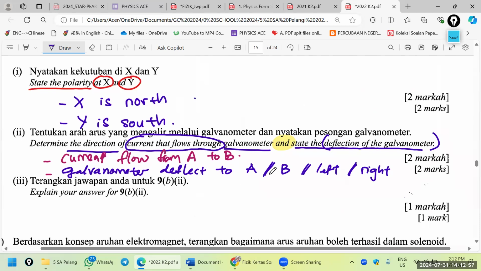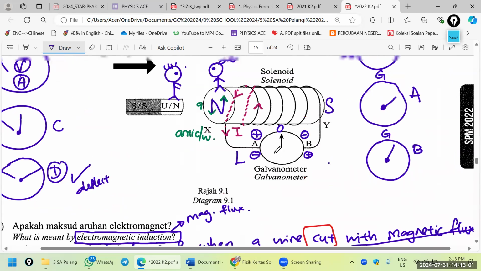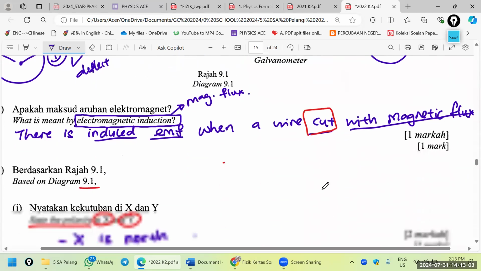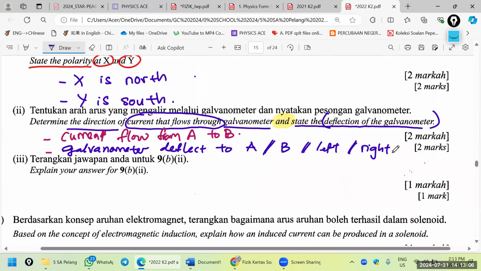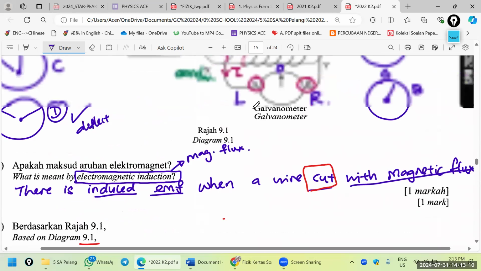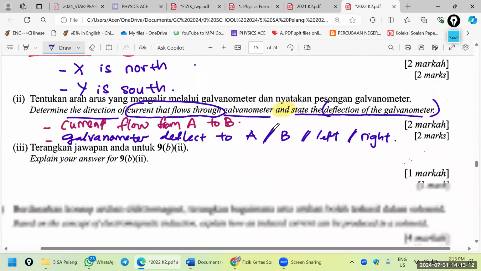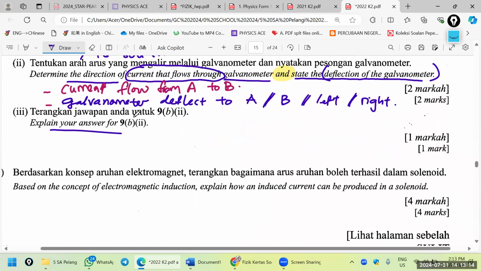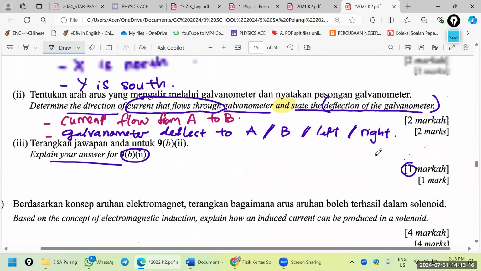Down, up, down cannot. Up, down cannot. Only got left, right. But the current is from A to B, all right? Then next, explain your answer in 9B, 1 mark.